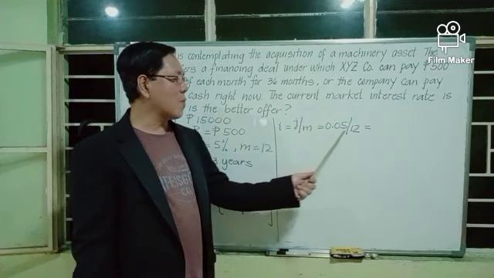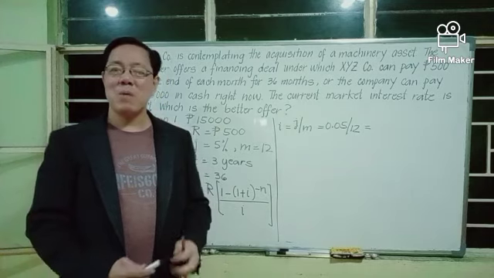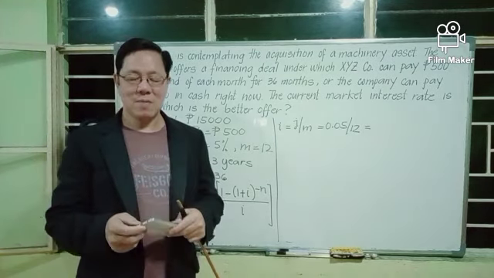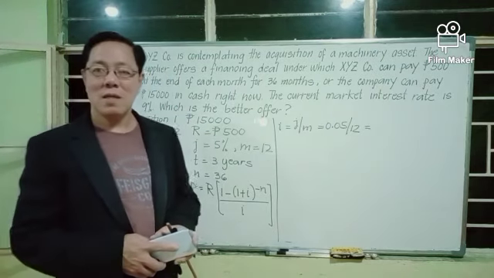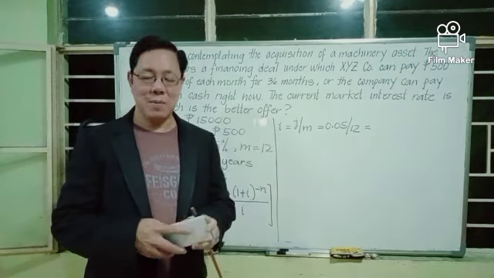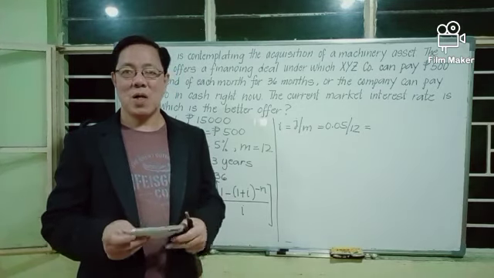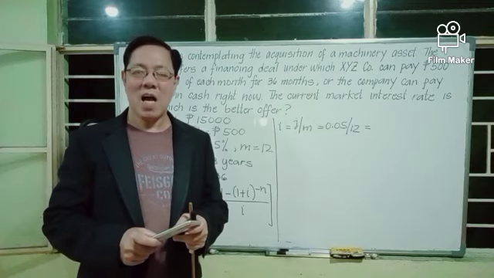We take m equals 12. And we divide 0.05 by 12. If it's a terminating decimal number, we use the decimal number. But if it's a non-terminating decimal number, we leave it as is, 0.05 divided by 12, and we substitute 0.05 divided by 12 directly into the formula for present value of an ordinary annuity.